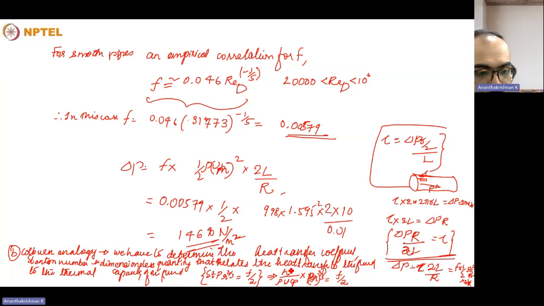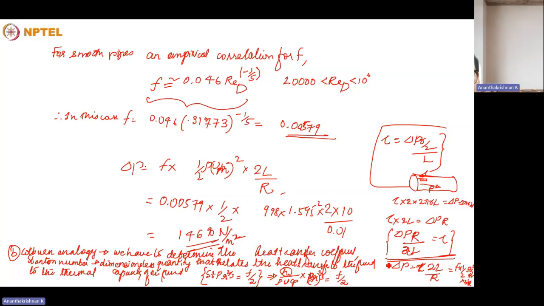From this, the only unknown is the heat transfer coefficient, and it's difficult to calculate the heat transfer coefficient at each and every location. So what we do is calculate the shear stress and back-calculate the friction factor. Using this analogy, you calculate the heat transfer coefficients.